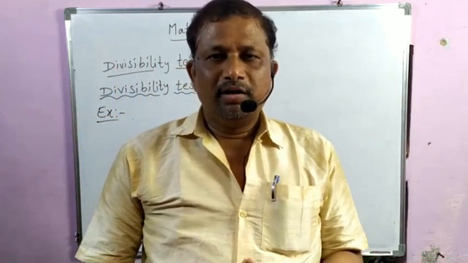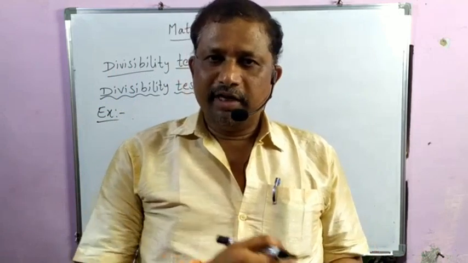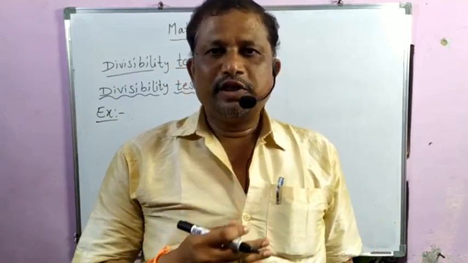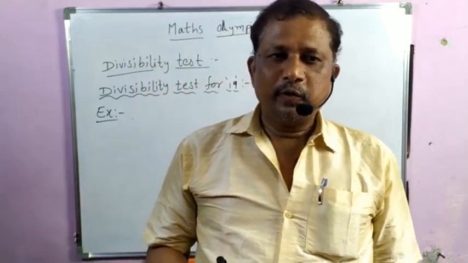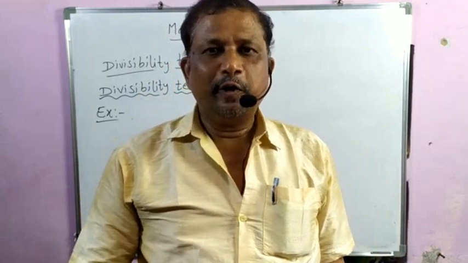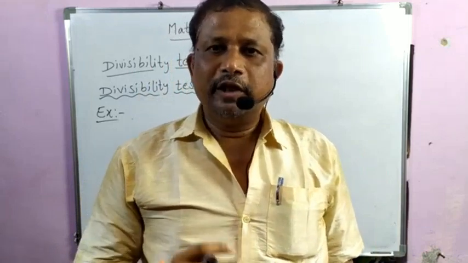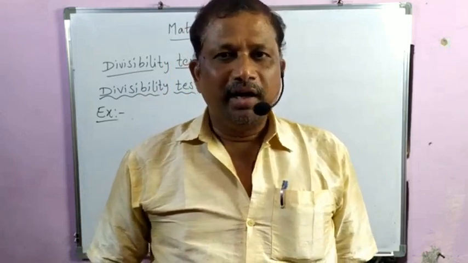In a given number, the last digit is doubled and added to the remaining number. This process is continued until you get a small number that we can easily divide by 19. If that small number is divisible by 19, then the given number is divisible by 19. Otherwise, it is not divisible by 19.